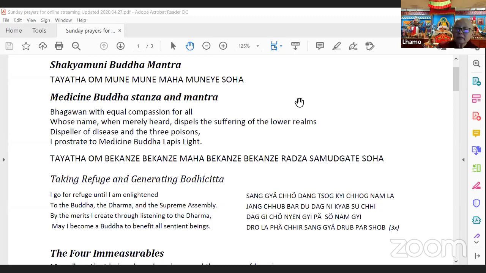Then red, and then pink. Marchas is light red. So if you want to be precise, you can visualize first yellow light, and that's the color you visualize when you say the 7 Medicine Buddha names.